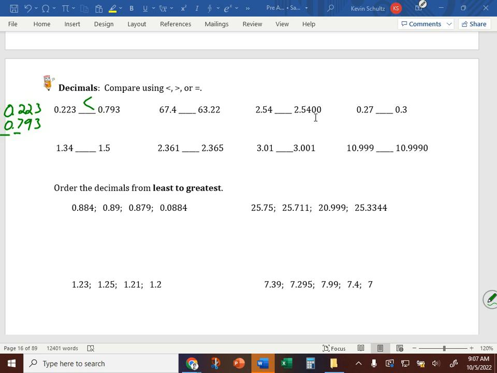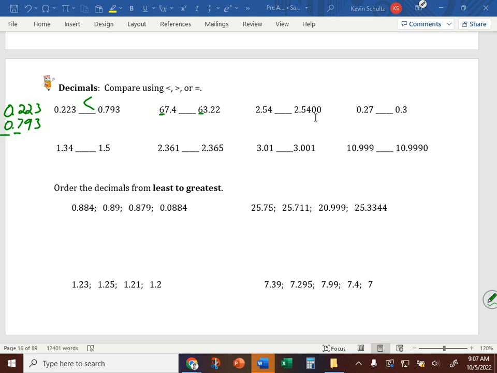67.4 and 63.22. Our tens digit is the same for each of them here. So we look at the ones digit. We've got a 7 compared to a 3. What symbol goes in the blank? Everybody at once.